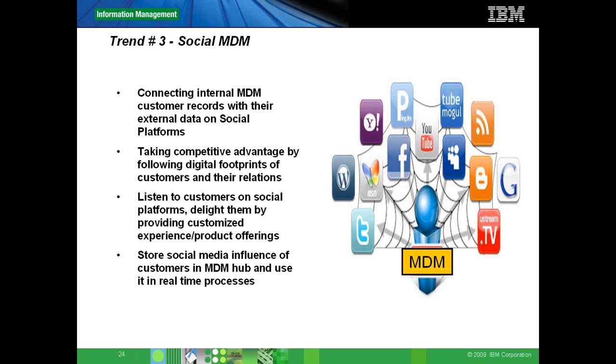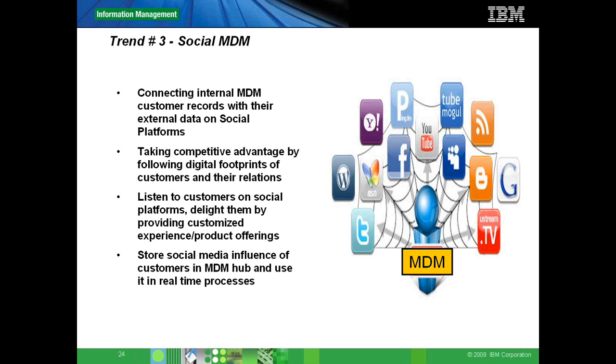Let's assume we have Mr. Jones again, who tweets a negative review about the bank's flagship product, right? It would be useful for that bank to know who Mr. Jones really is and whether it can remedy the situation before it gets worse, right? And that's where the MDM connection with social media comes into play. The convergence of MDM and social networking is kind of inevitable.